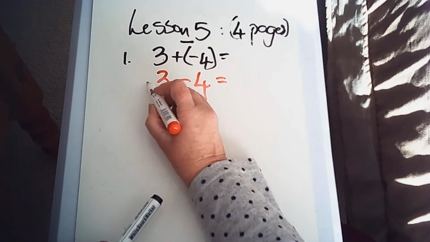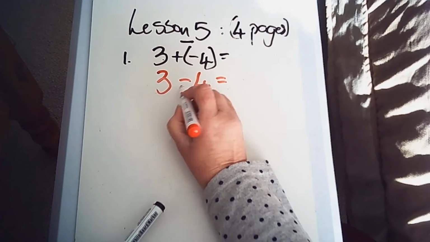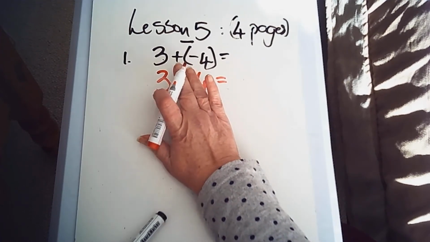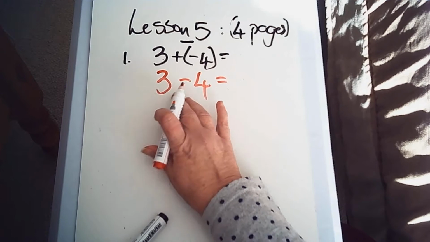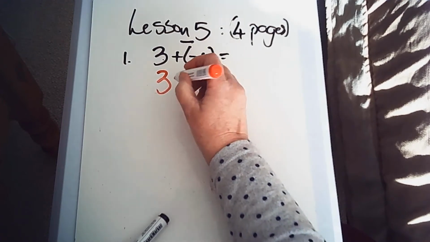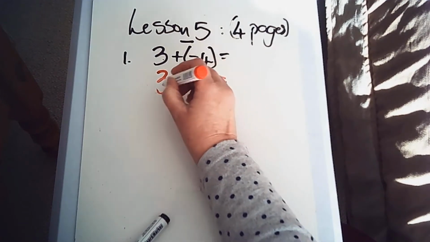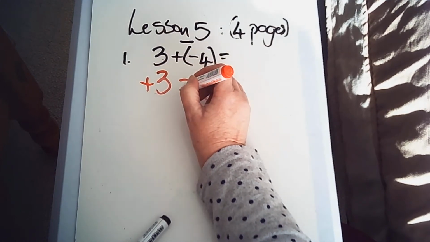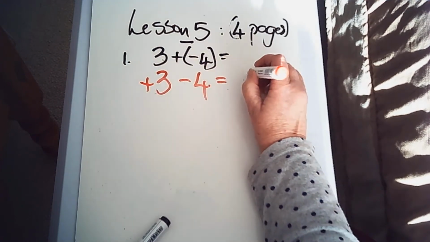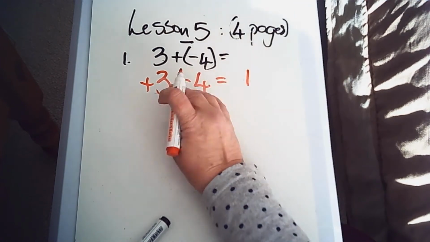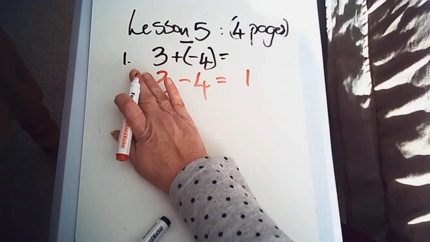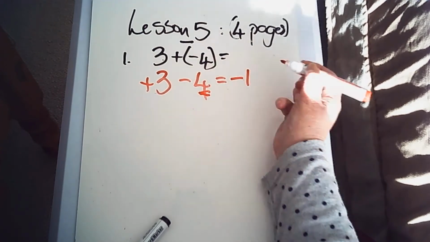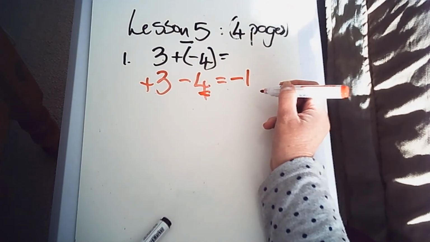I say there's a positive and a negative, but it's not multiplying. I cover the signs. I say which one digit is the bigger one. There's 4. The difference between the two, because they're different, that's a positive, that's a negative. Because they're different, I find the difference. The difference is 1. But this is a negative, that's a positive. The bigger digit is a negative, so I put a negative 1.